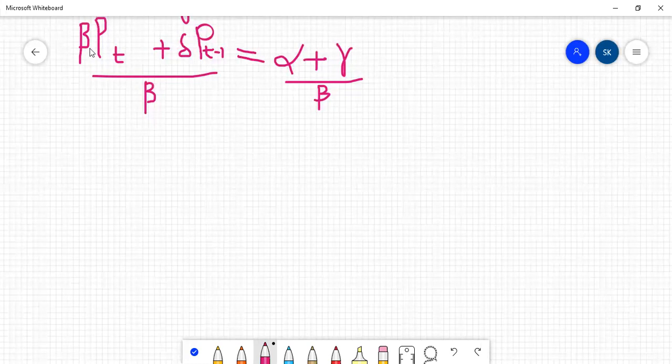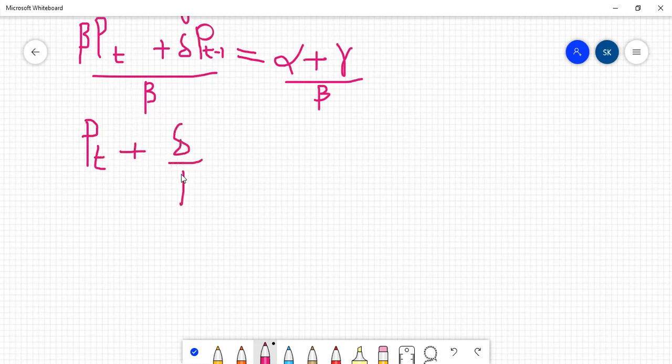Beta is cancelled with beta. Over here we will separate the sigma by beta and multiply it with pt minus 1. And of course, on the other side of the equation, we get alpha plus gamma divided by beta.